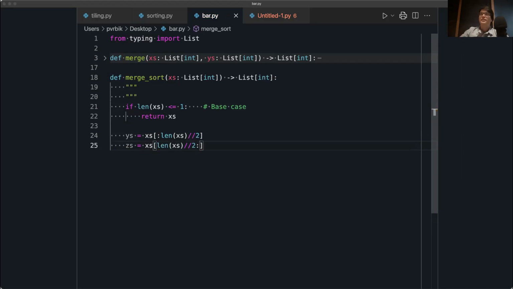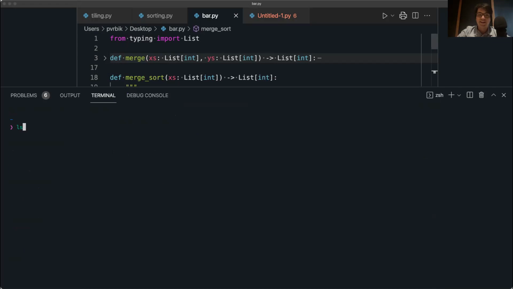I think the exclusions save us here, which is why we provisioned right endpoint exclusivity. Okay, so that breaks the list in half. And then I just want to return the merge of merge sort on ys and merge sort on xs. And believe it or not, this should work already.